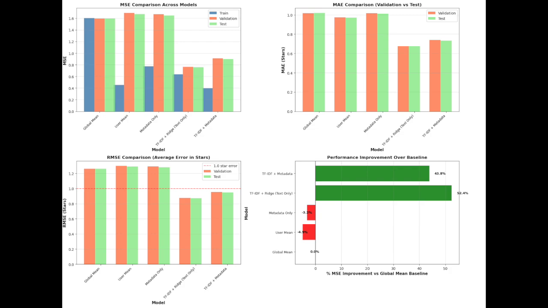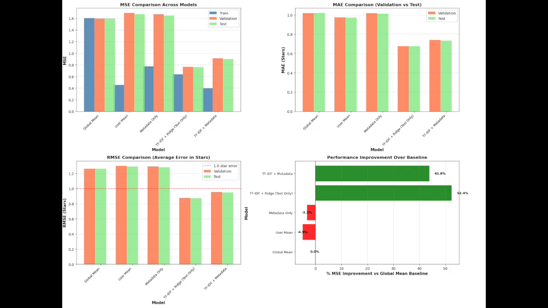It memorizes their averages, but it doesn't generalize well. The text only TF-IDF Ridge model improves performance. MSE drops to 0.77, MAE to 0.68, which means predictions are on average less than a star off. This clearly outperforms both global mean and user baselines.